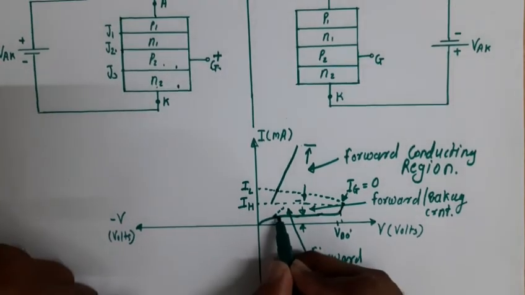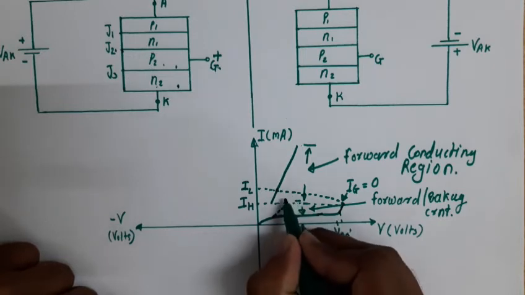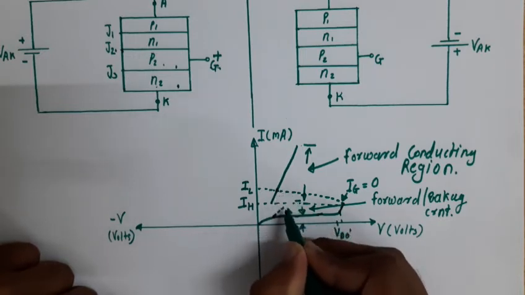When the gate signal is applied to the gate terminal of the device, the current start flowing through P2 and N2 layer. So we can show this on the VI characteristic of the device.